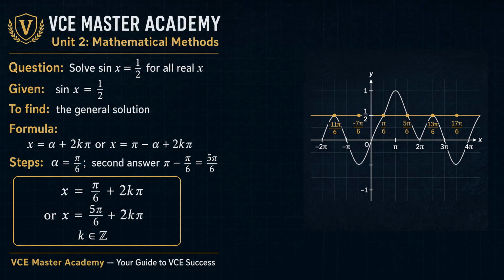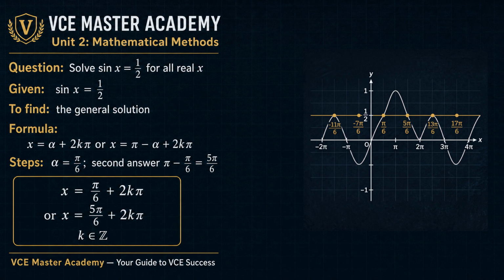Easy start. Solve sine of x equals a half for all real x. Step 1. Find one angle. Sine of pi over 6 is a half, so alpha is pi over 6. Step 2. Copy the family. Sine gives alpha and pi minus alpha. Pi minus pi over 6 is 5 pi over 6. Step 3. Solve for x. Already done, it is just x.